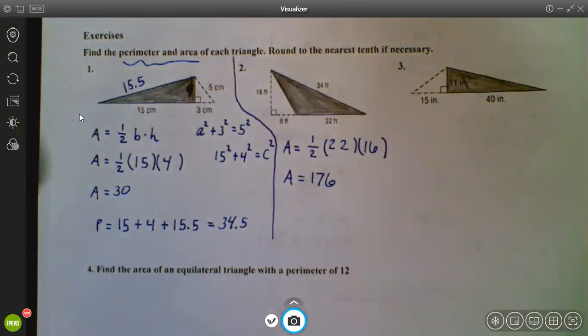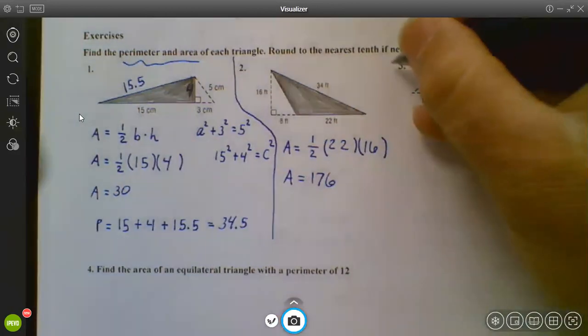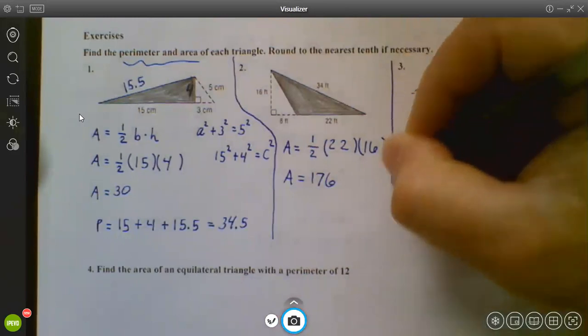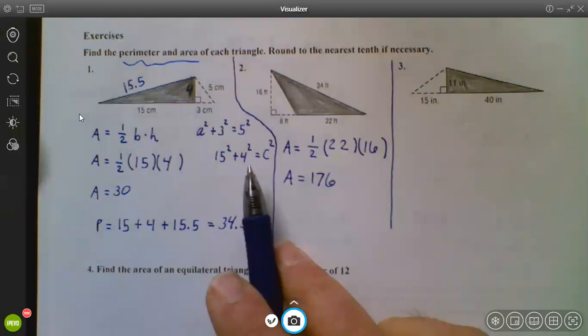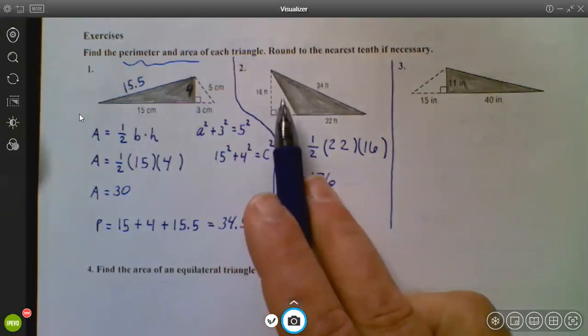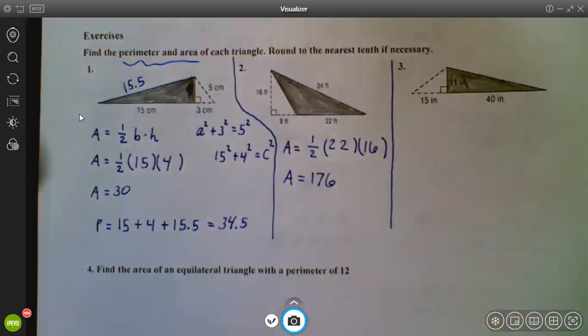All right, guys, if you were going to do perimeter, and in the interest of time, I'm going to keep moving, but if you did the perimeter, it would be very similar to what we just did on the previous one, where you would have to use a little Pythagorean theorem to figure out this guy. And then you could add your 3 sides together.